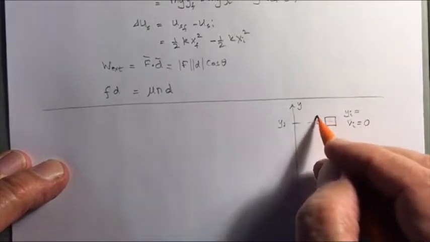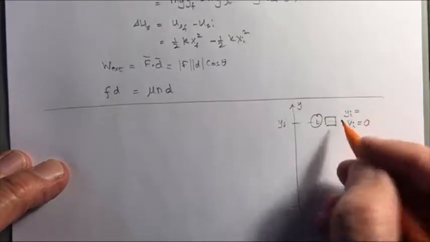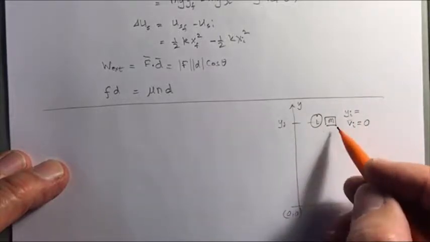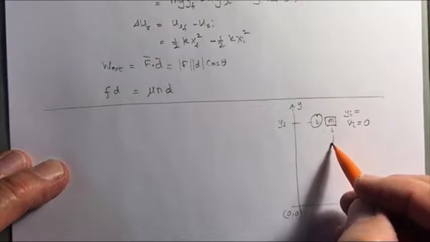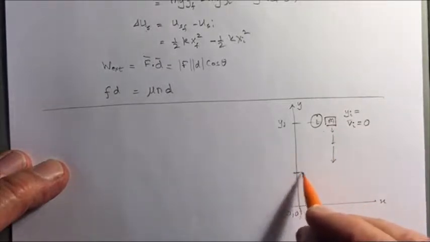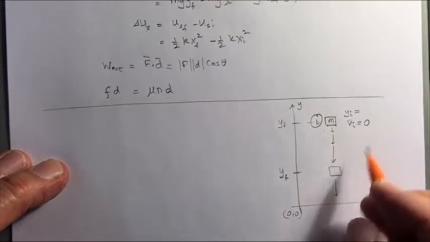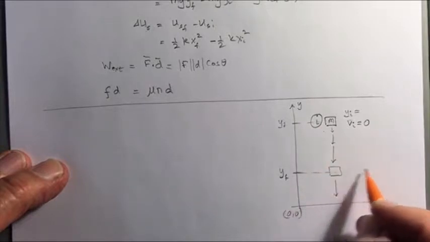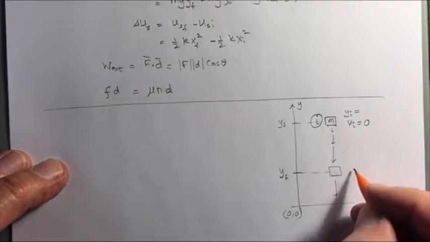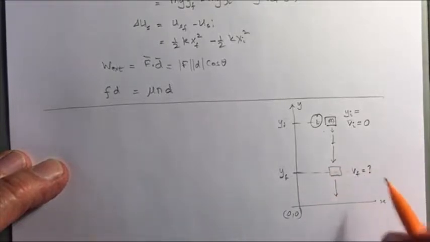This is the initial position, and well, its mass is m, and then we release it. So as we release it, it starts falling down, the velocity keeps on increasing, and it crosses this point, which we take as y final, and then it keeps going. At this instant, the y is y final, and we want to find the v at this location, which we call v final.